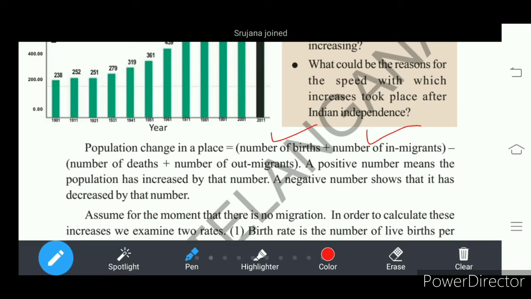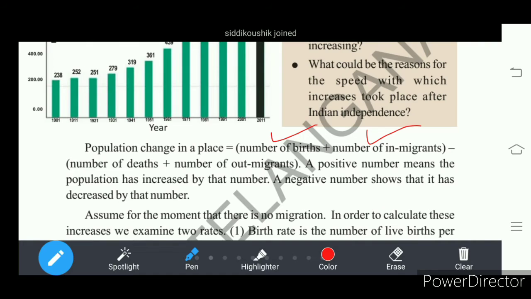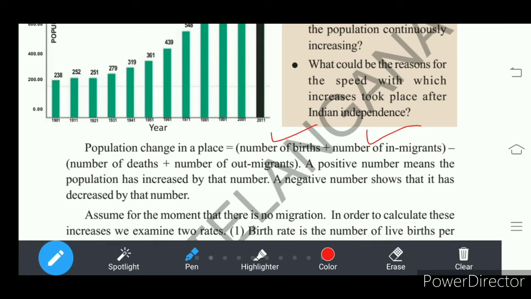As we are taking the example of Karimnagar, for example, if we take Telangana, we want to know the population change of Telangana. Then we should identify how many people were born in Telangana, right? And for that, we have to add how many people migrated into Telangana from other areas. It may be Maharashtra, it may be Andhra Pradesh. Some people will migrate into Telangana.